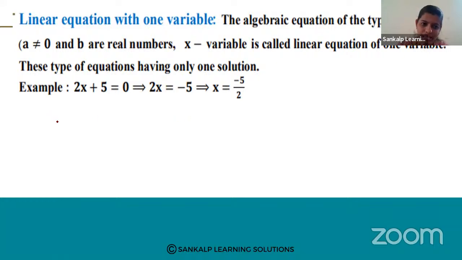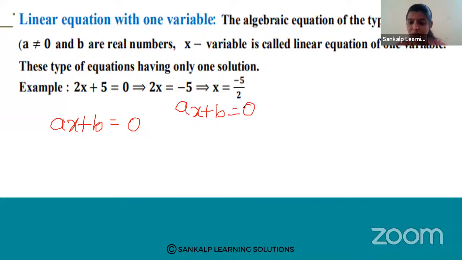See, for example, this is ax plus b equal to 0. In case of polynomial, ax plus b equal to 0 ಅಂತ ನಾವು ಬರಿತಾ ಇದ್ದಿದ್ದಿಲ್ಲ ಎಲ್ಲಿ polynomial ಅಲ್ಲಿ. Only ax plus b, this is the standard form of linear polynomial.